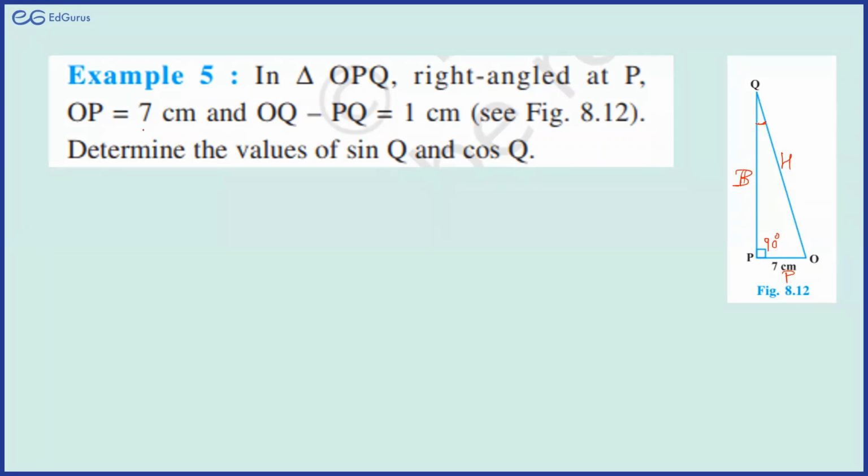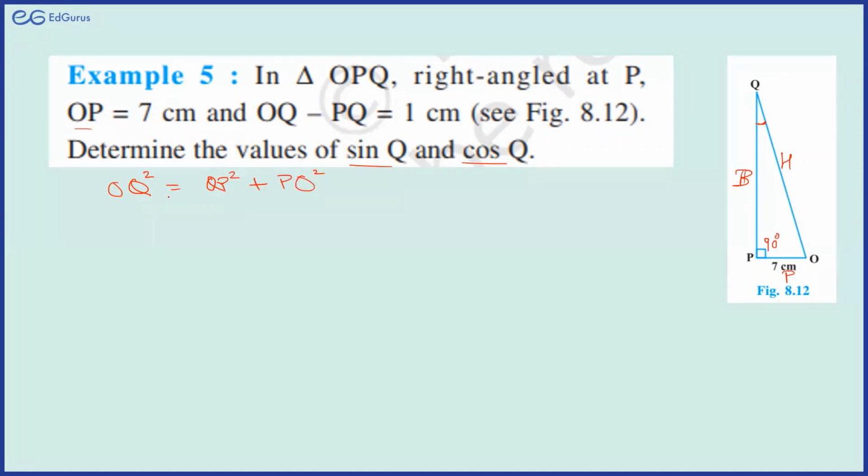Now to find sine Q and cos Q, so far we only know this perpendicular. We don't know the exact values of base and hypotenuse, right? But again, fall back to your Pythagoras theorem. It always gives you the results here. So OQ square is equal to QP square plus PO square.